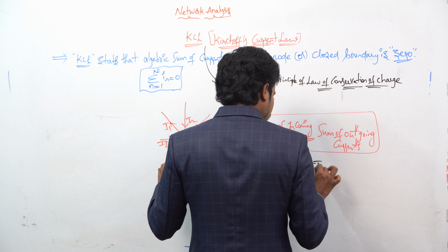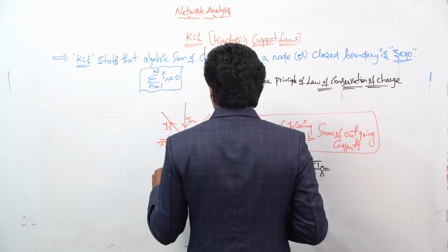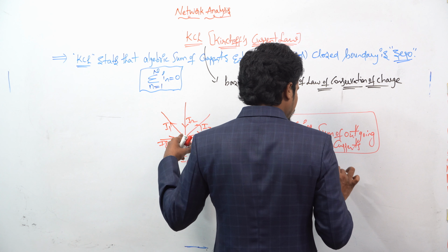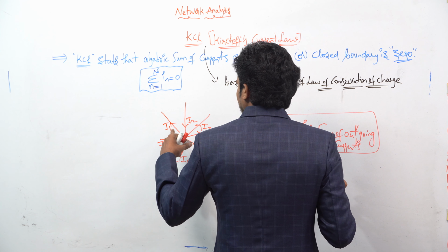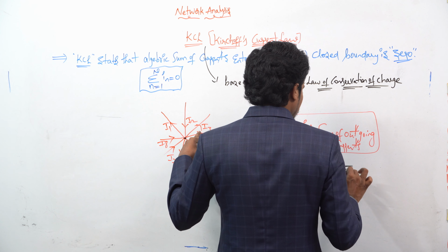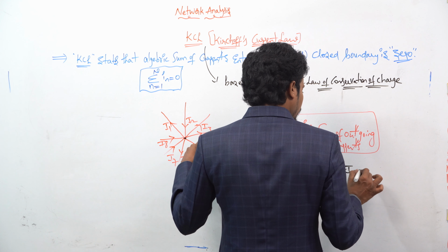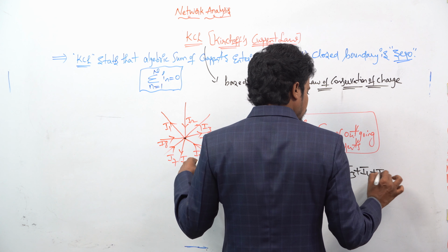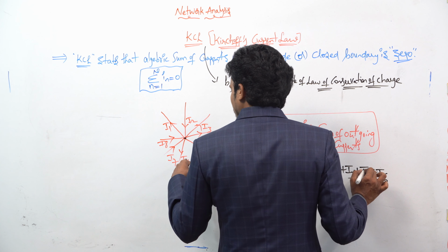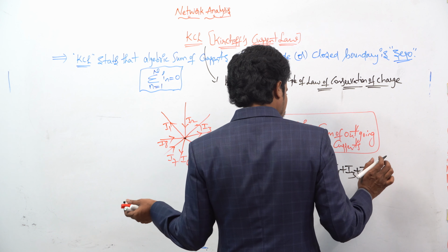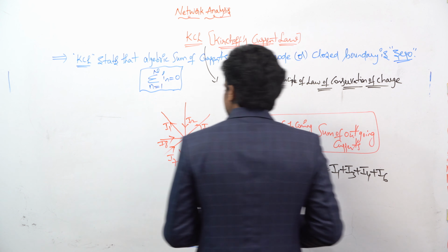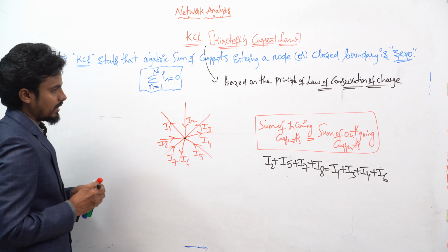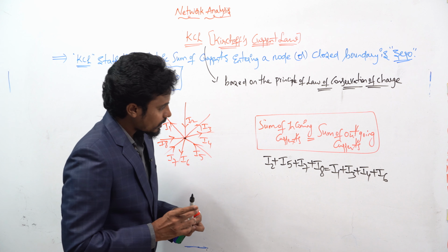And the outgoing currents are I1 plus I3, plus I4 outgoing, plus I6. I6 is my final.